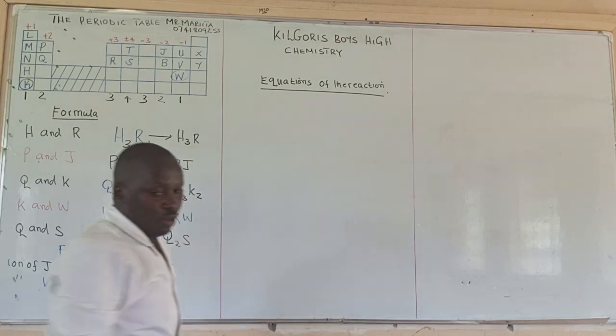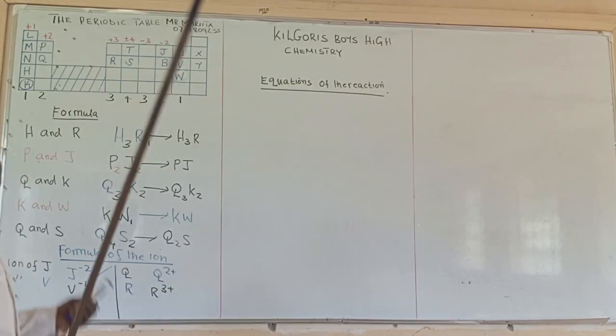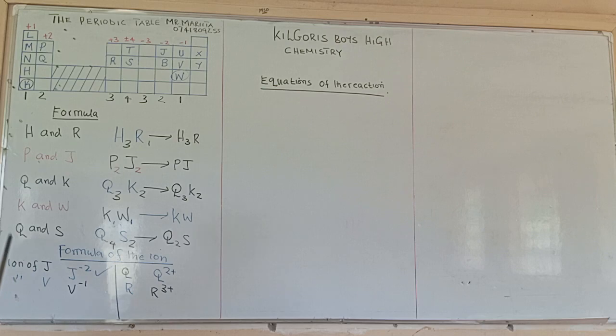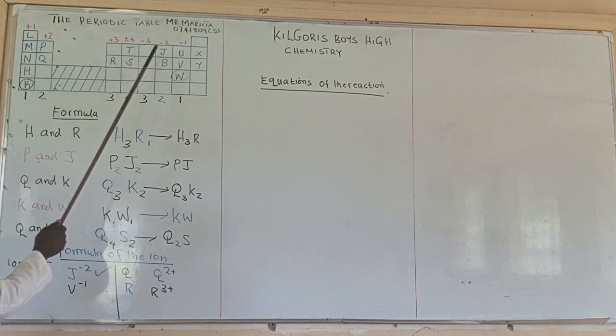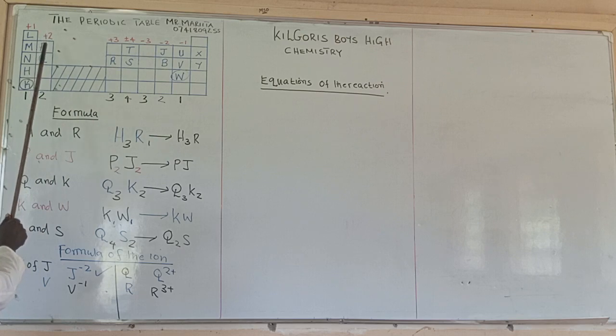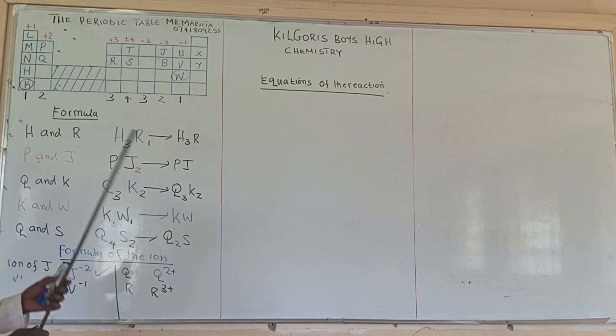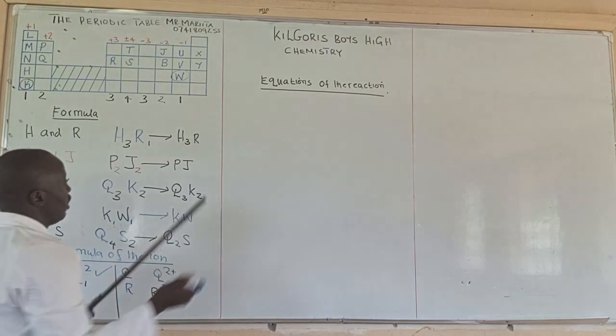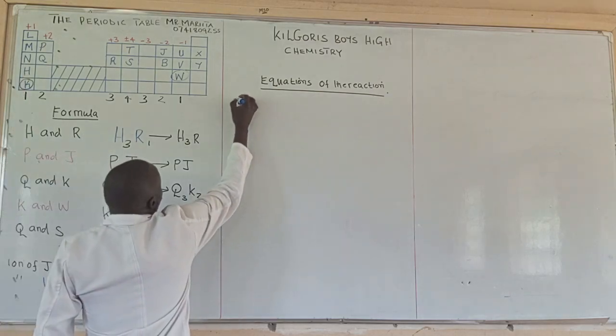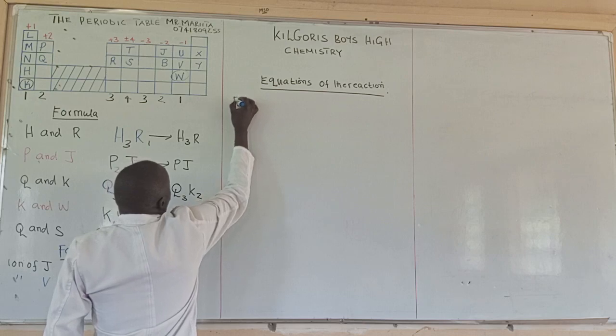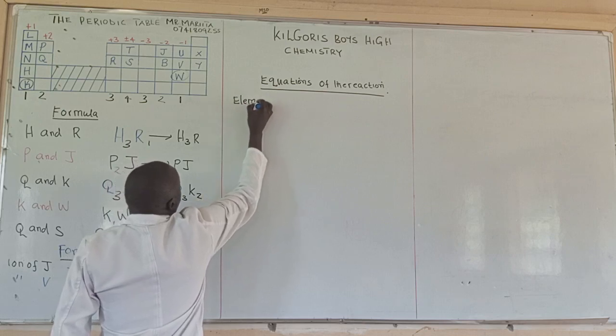Suppose now you have been told to write the equation of a reaction between element M and element J. So let us look at this one here.